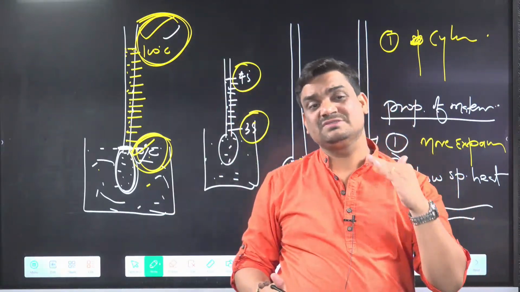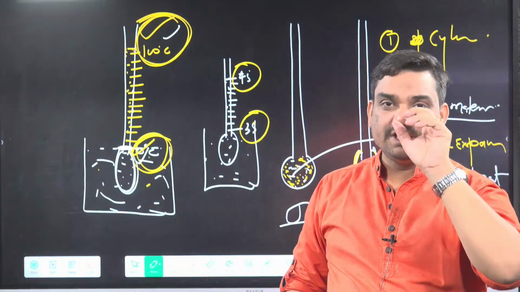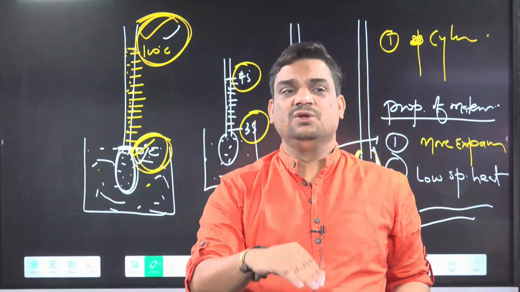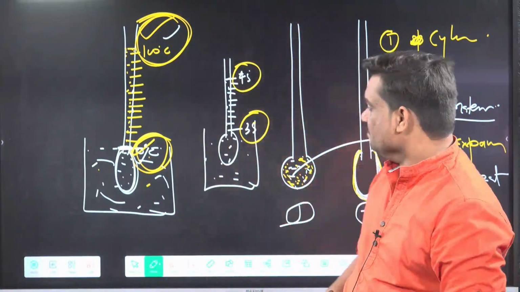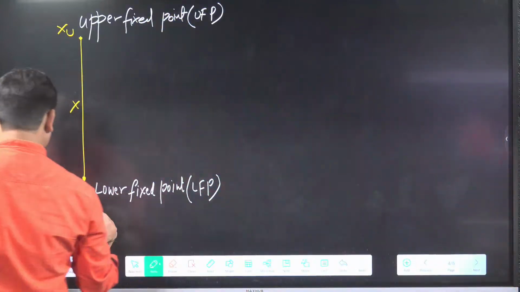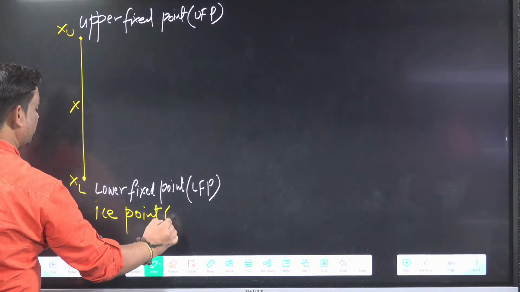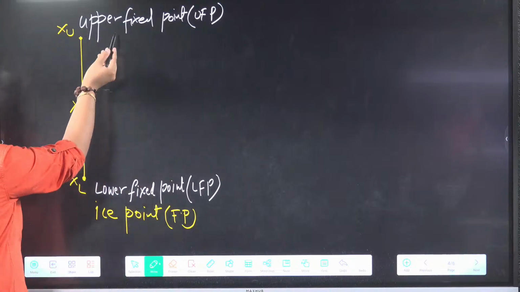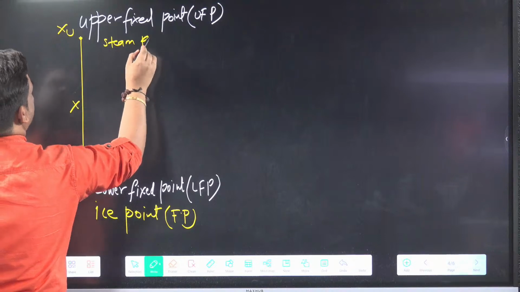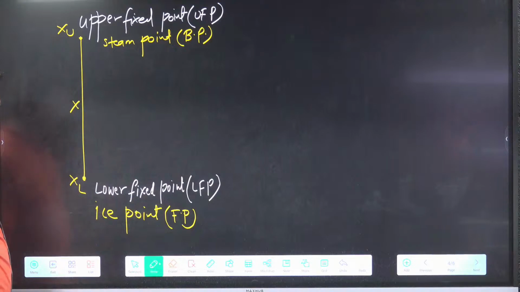When these are given, you take the ice point or freezing point as the lower point, and the steam point or boiling point, BP, as the upper point.